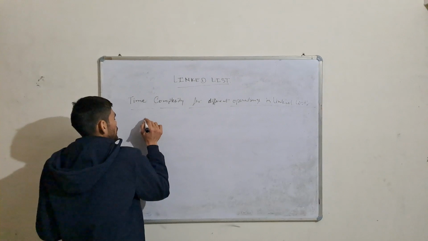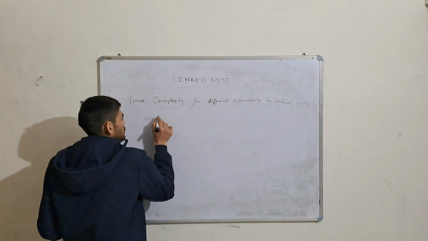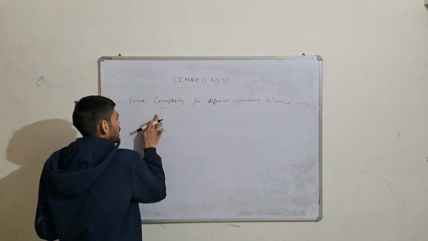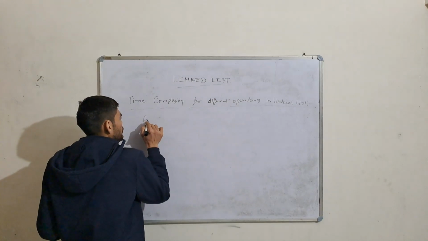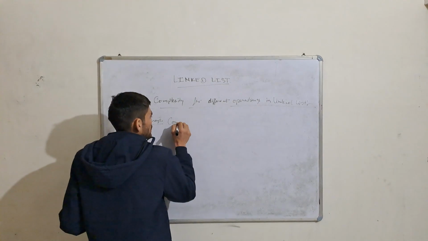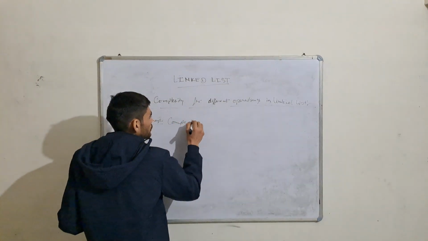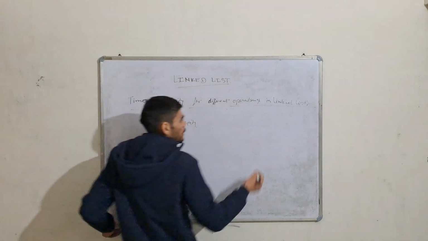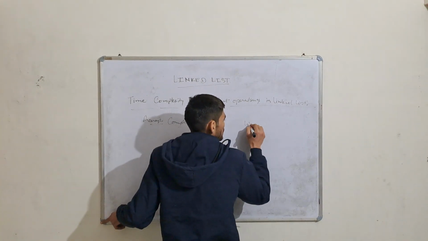Here we are writing the average complexity, and here the worst complexity.